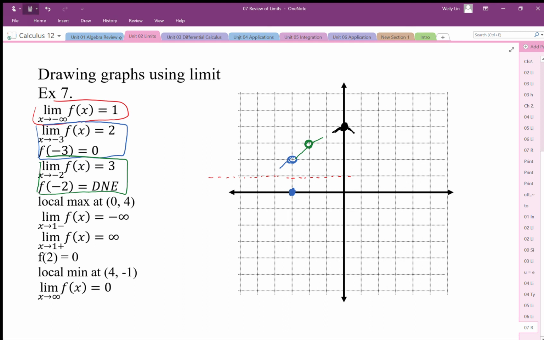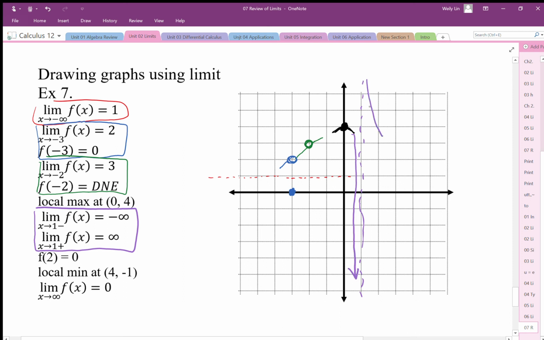Oh, that's a vertical asymptote. Okay, and just checking here, as it approaches 1 from the positive side, it goes to positive infinity. So that indicates to me that there's a vertical asymptote at 1. Okay, and it looks like it's going to go down on this side, and it's going to go up on this side.